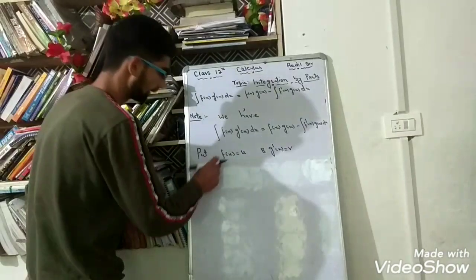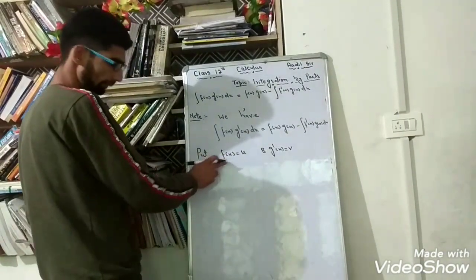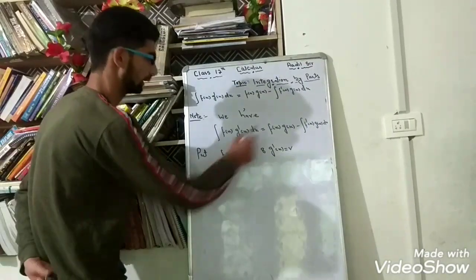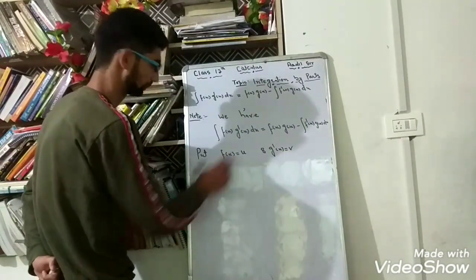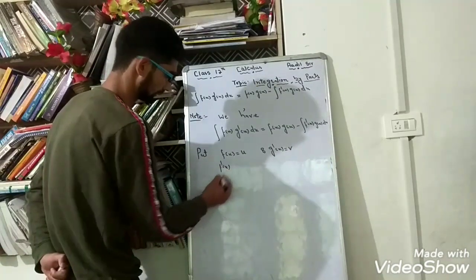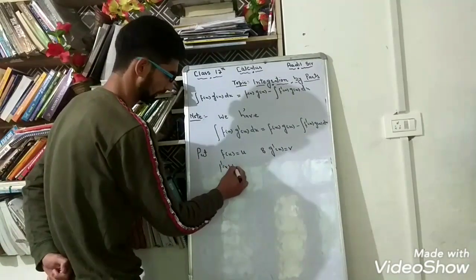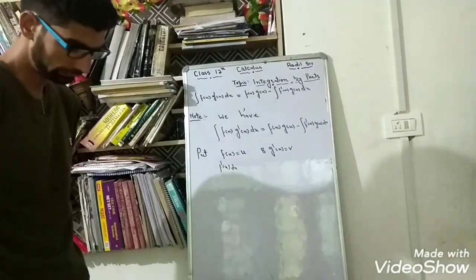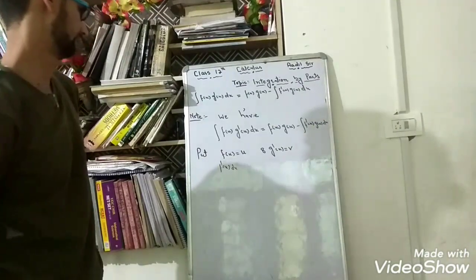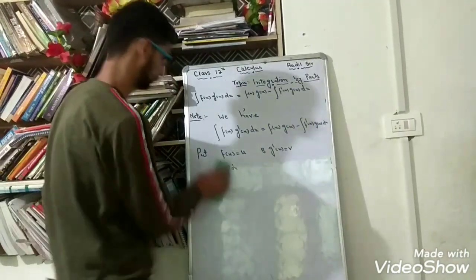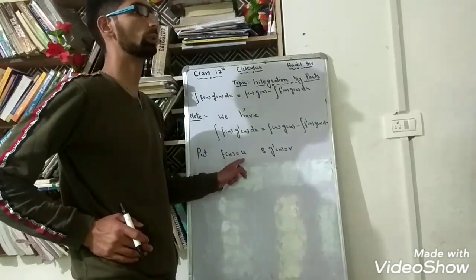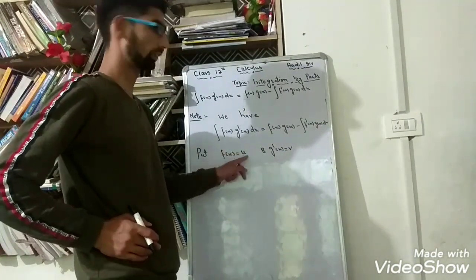Now beta, when f of x is equal to u, I need f dash of x dx. So both sides we are taking f of x equal to u, which is also in terms of x.